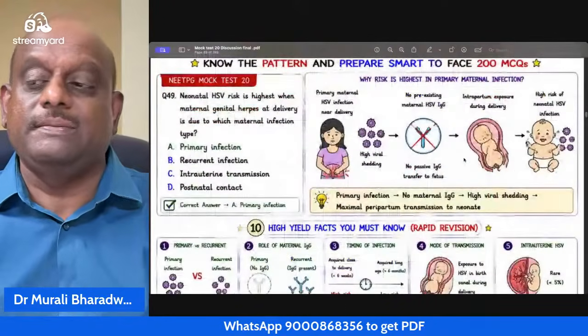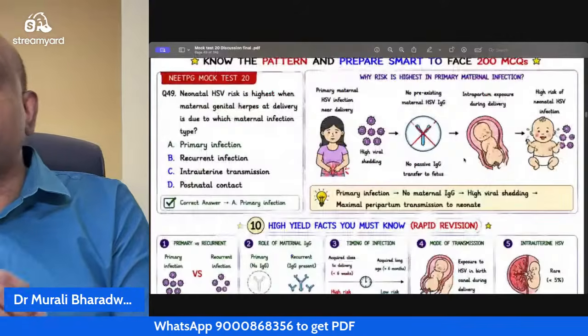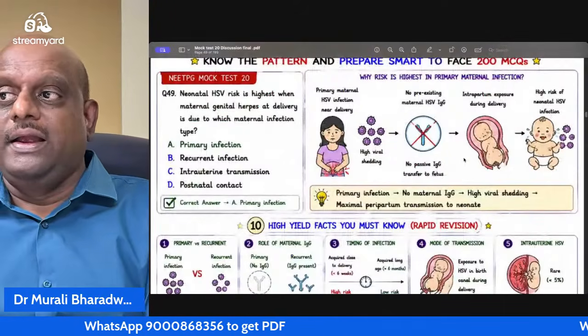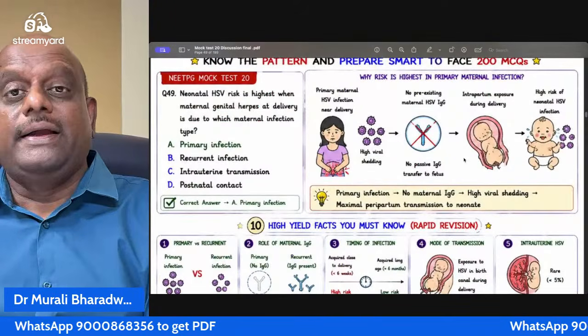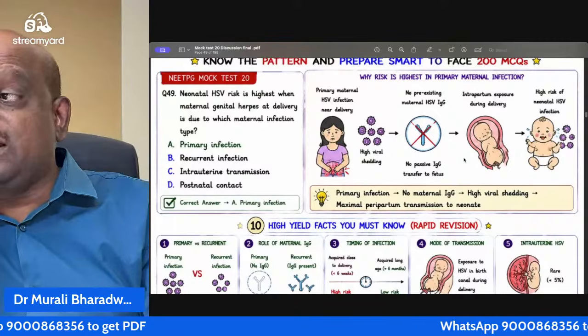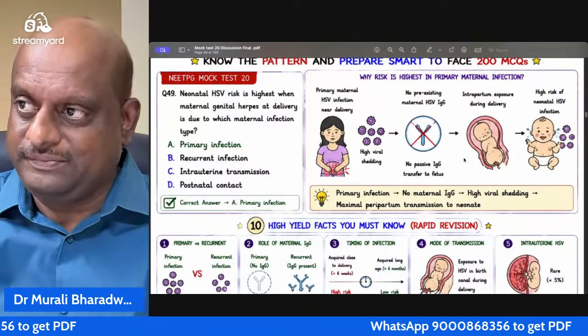Neonatal HSV, the risk is highest in primary maternal infection.